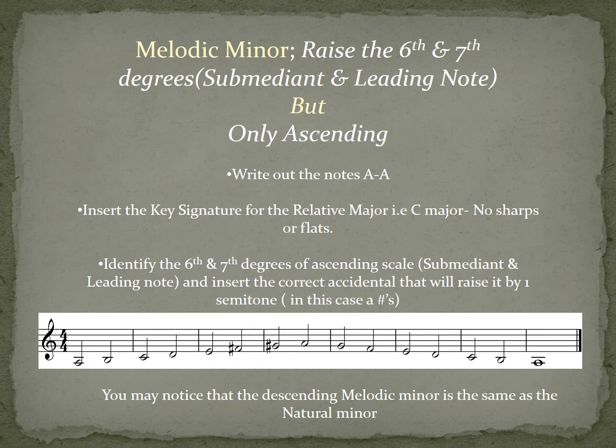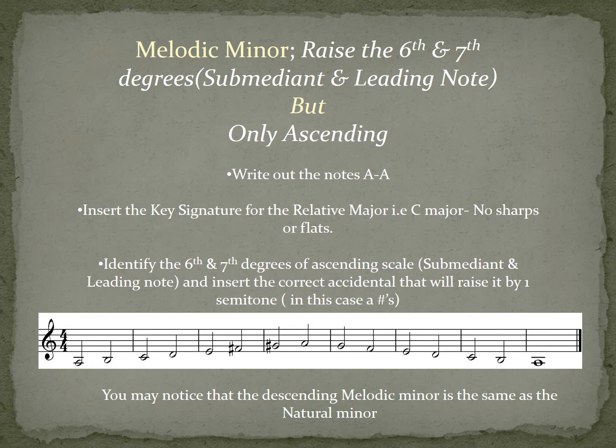Now the third type is called the melodic minor scale. Now this scale, like the natural minor and the harmonic minor, you find the key signature in exactly the same way. You go up 3 semitones from the tonic to find the relative major, and you insert the same key signature. In other words, this is A melodic minor.